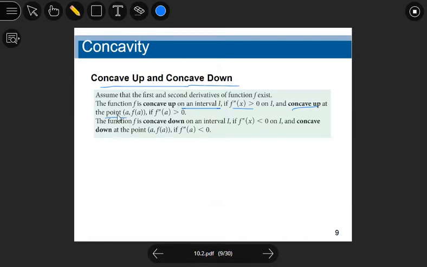At that point, if I substitute those coordinates into the second derivative and it is positive, then it is concave up. Similarly, the function f is concave down on an interval if the second derivative is negative on that interval, and concave down at a point if we plug this point into the second derivative and it is negative.